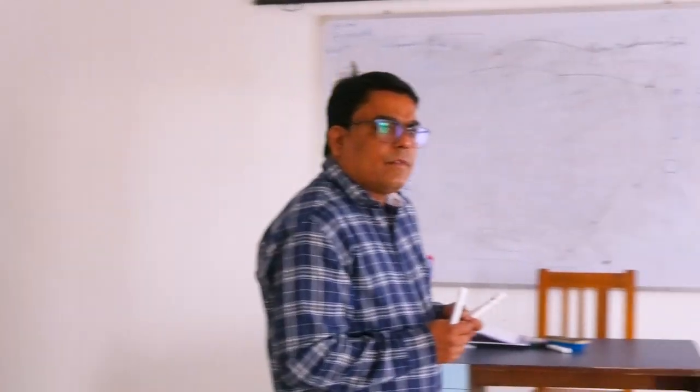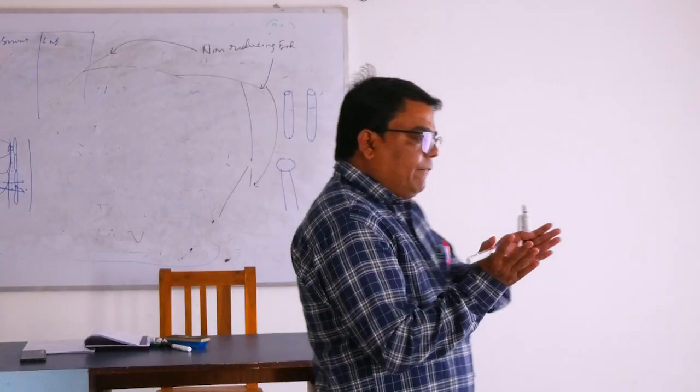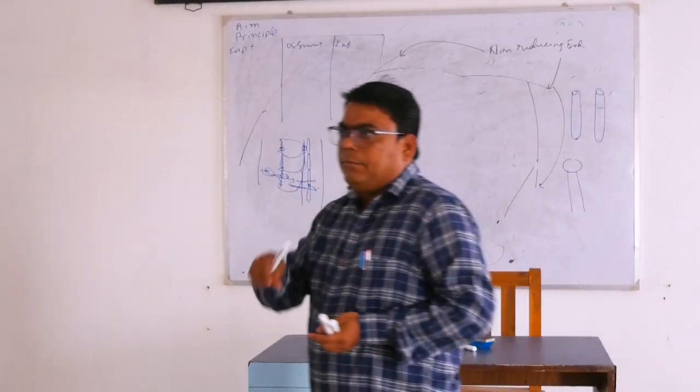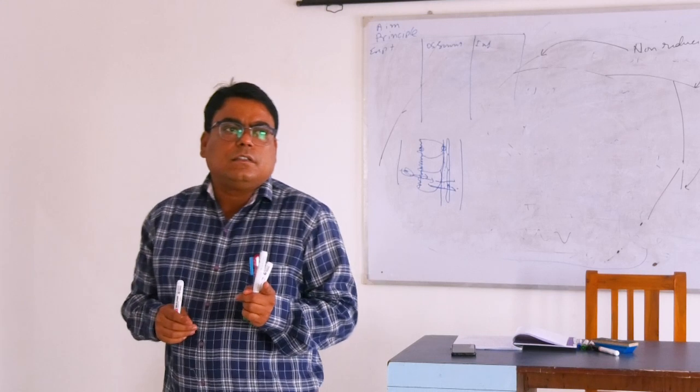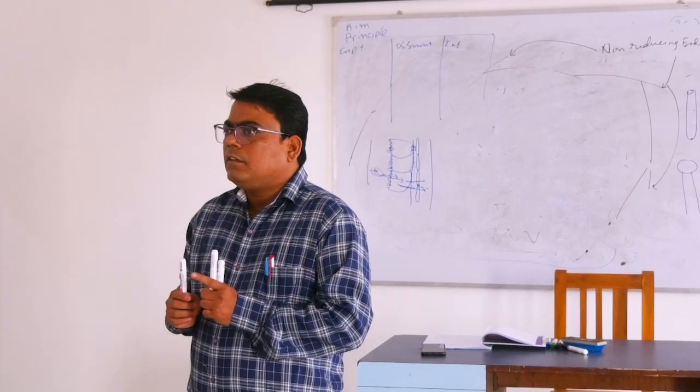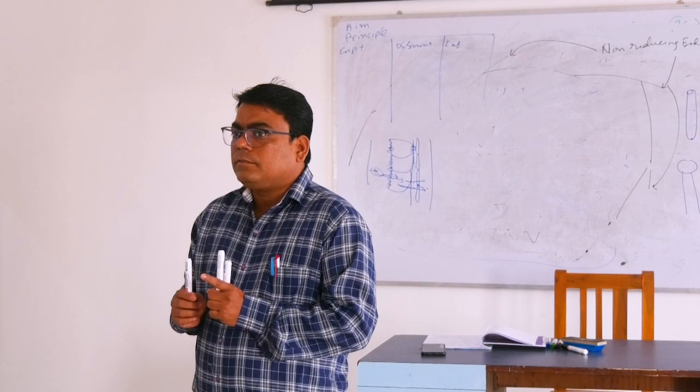And what is the function of bile salts? They reduce the surface tension. If the surface tension is reduced, there is more space for the enzyme to act. Is your enzyme topic over? In the class, is the enzyme topic over? Yes.